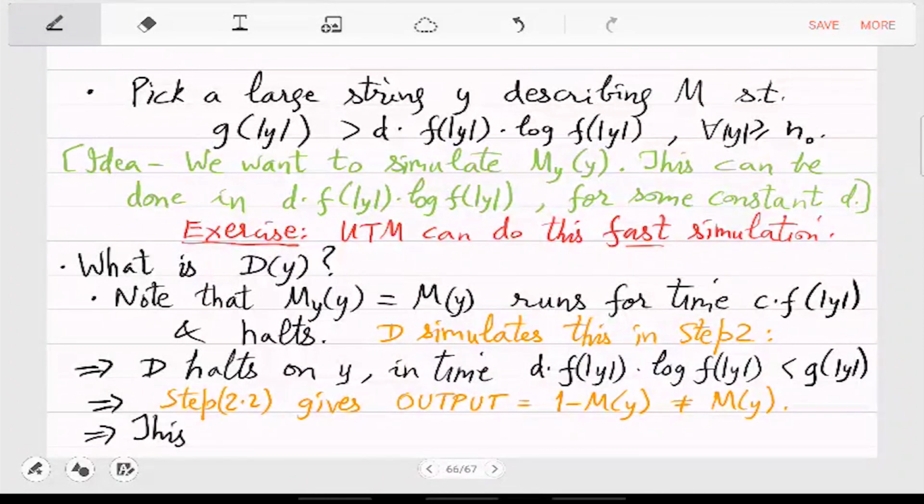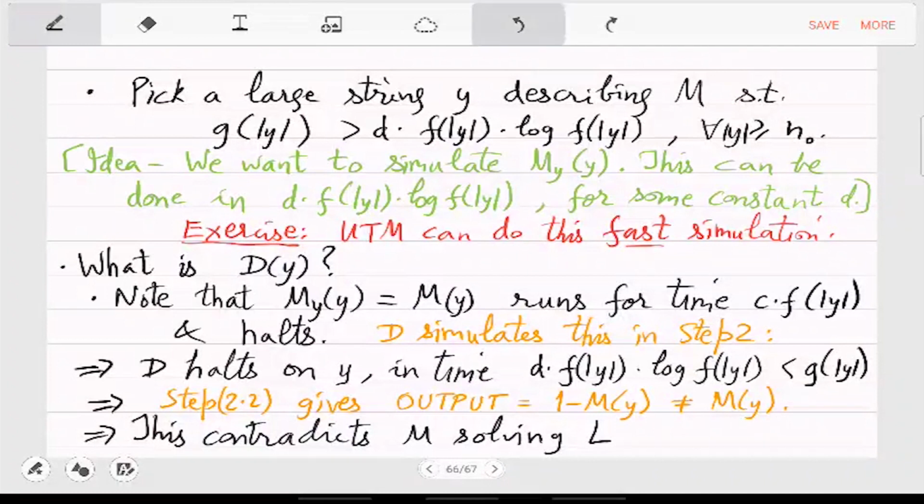So this contradicts M solving L. Okay, and this means that M doesn't exist. Right, that is what we had assumed, that there is a faster Turing machine for L in time O(F(n)). So that cannot happen. So M can't exist.